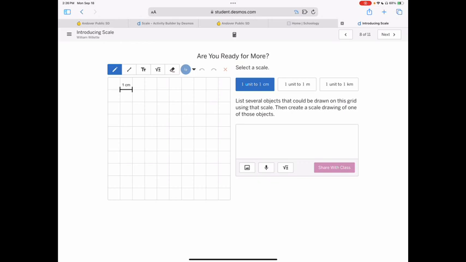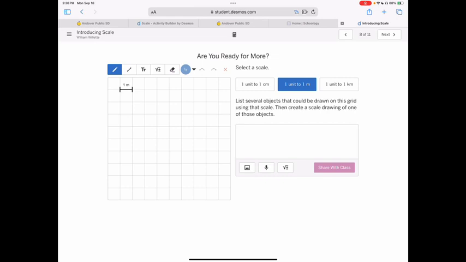So for this one, you're asked to select a scale and list objects that could be drawn on this grid. So if I have a scale of 1 unit is 1 centimeter, let's change that to 1 meter.